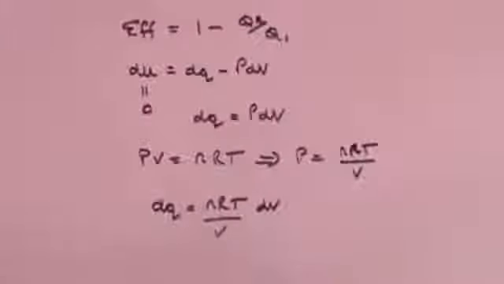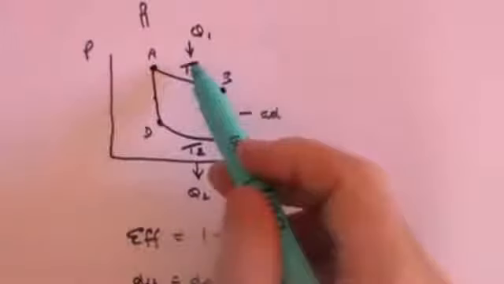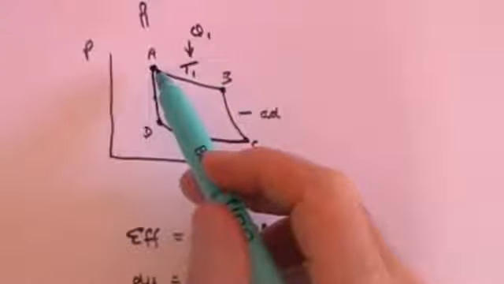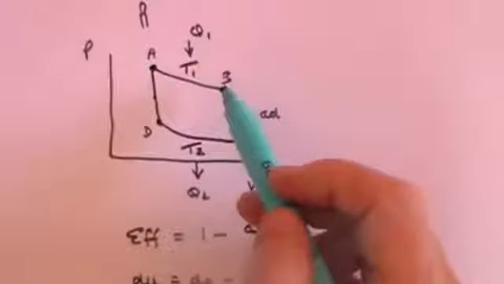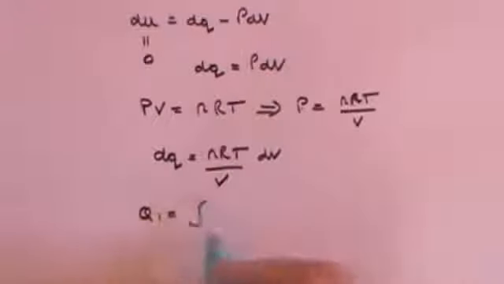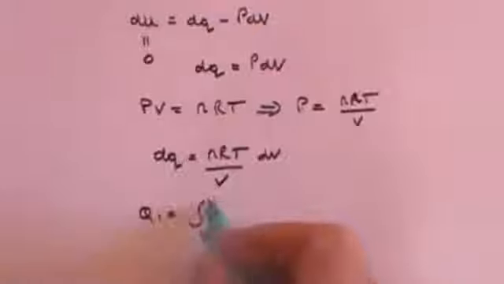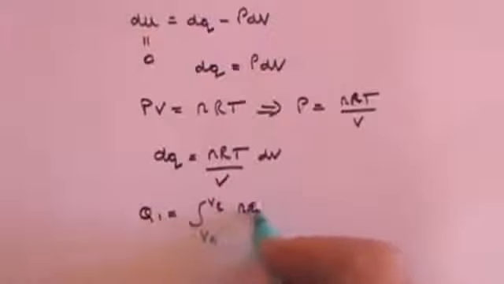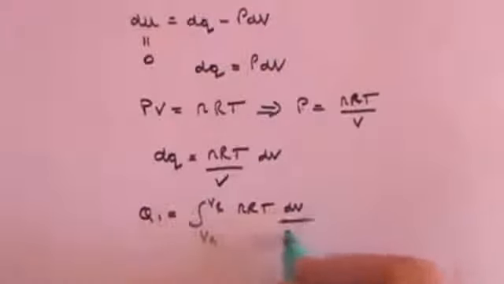So now we can integrate that to find the values of Q1 and Q2. Now just let's remind ourselves that Q1 resulted in a volume increase from VA to VB. So if we want Q1, that's going to be the integral from VA to VB of nRT dV over V.